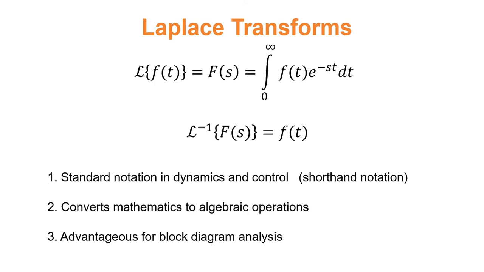Here s is the Laplace transform variable, and it refers to frequency. When we transform this function, we'll use some more terminology. So after it's transformed, we'll see that form go from f of t to capital F of s, where now our variable is s, the transform variable.